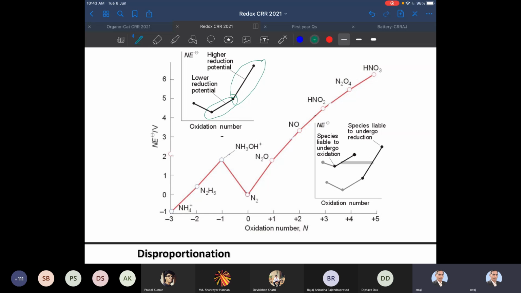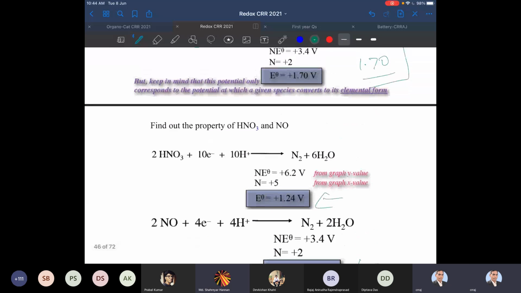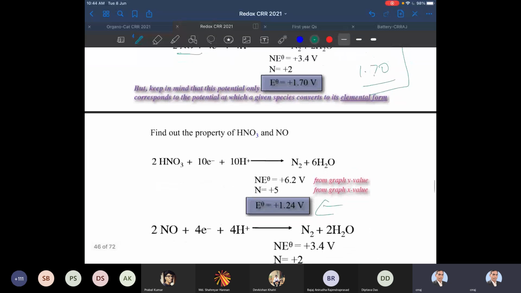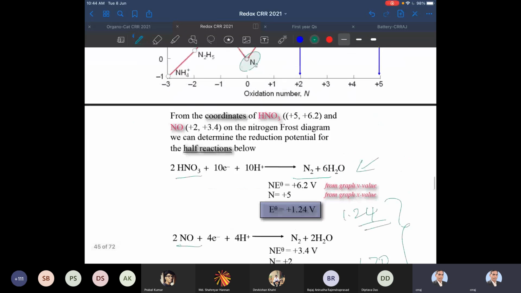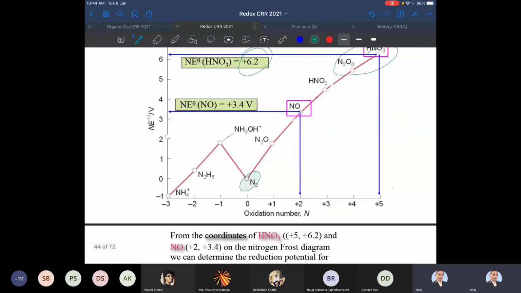Student: Excuse me, sir. How is the reduction potential from NO to N2 coming out bigger? Because on the diagram, HNO3 has more reduction potential than NO. So calculate that potential, I have already shown it. HNO3 to N2: here I have already given 6.2, and the oxidation state is +5.